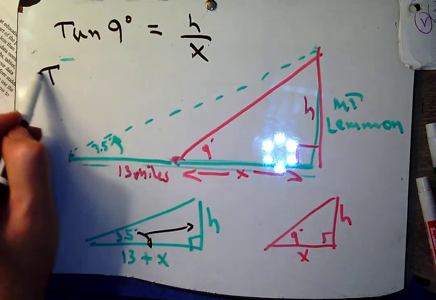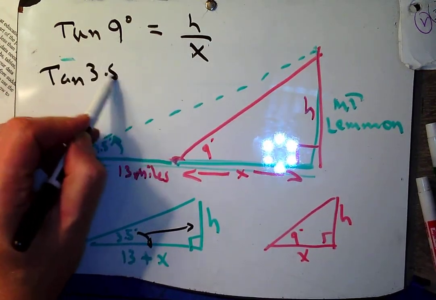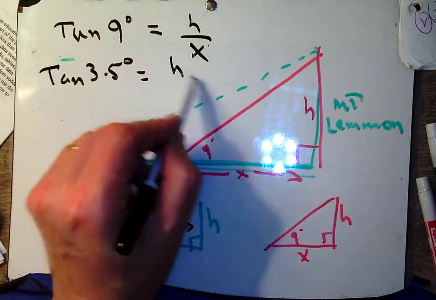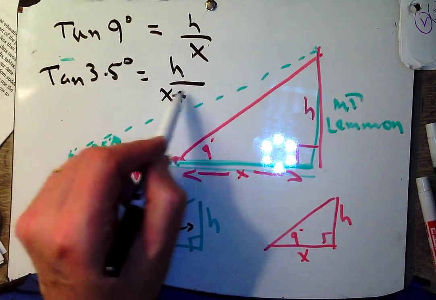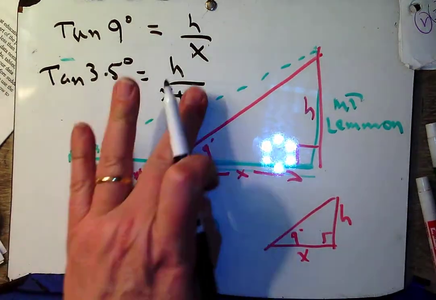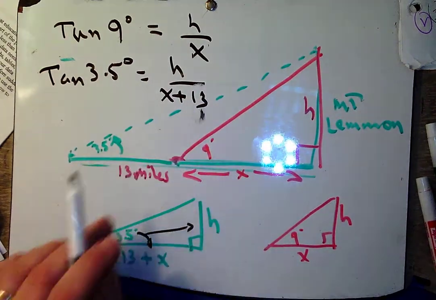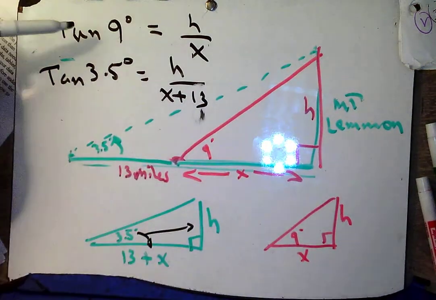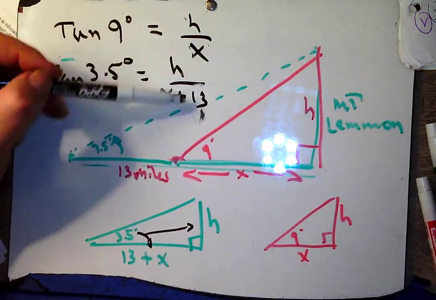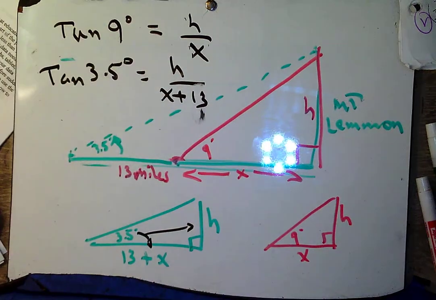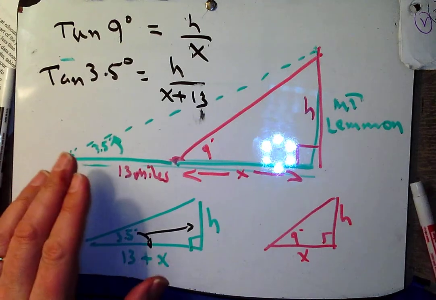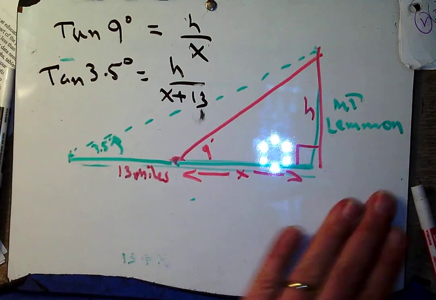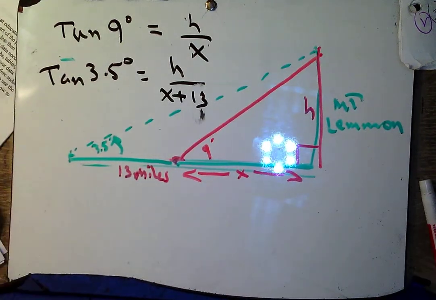And so I would say tangent of 3.5 degrees equals h over x plus 13. Okay, so I've got two equations and I've got two variables. This is a system. And in these systems, no, sorry, I'm not going to be doing elimination. I'm going to do substitution.